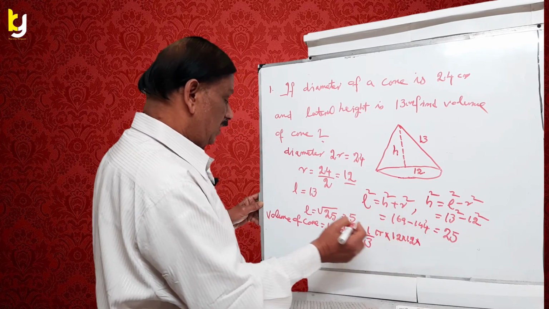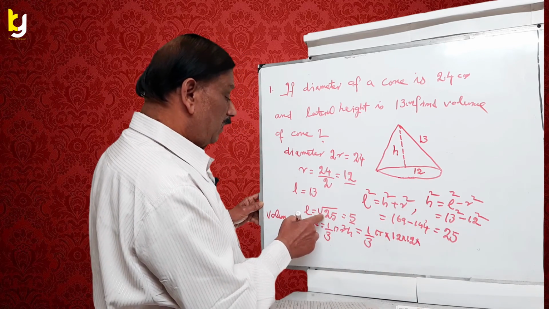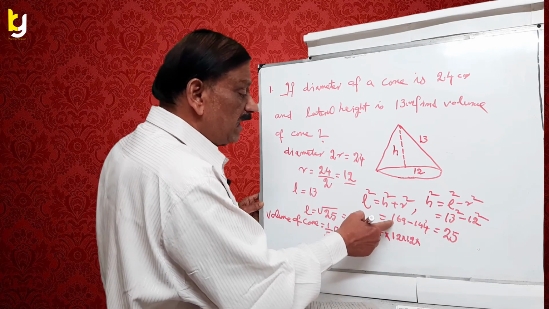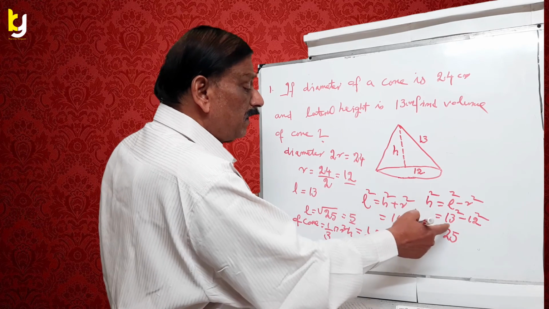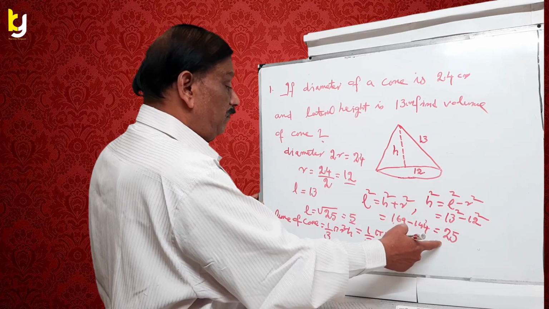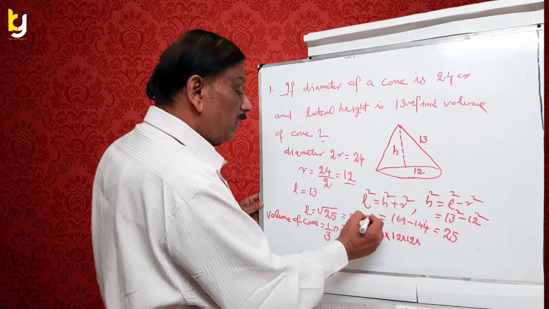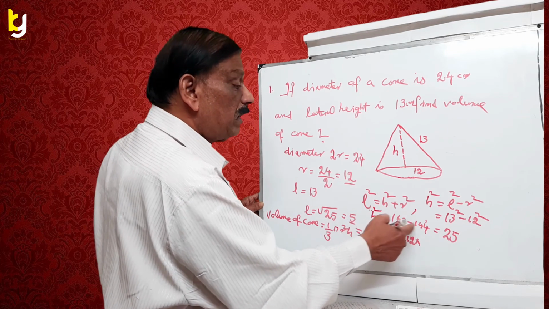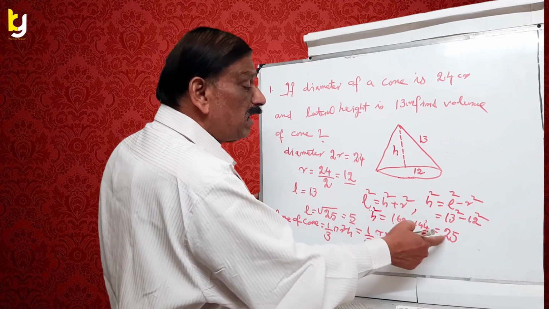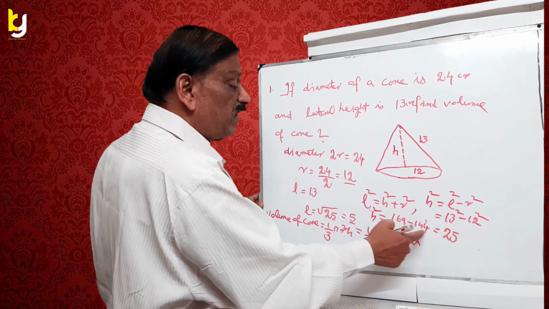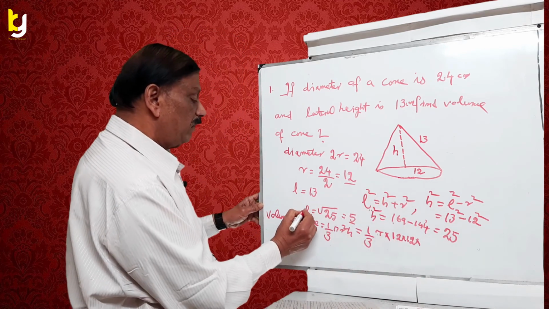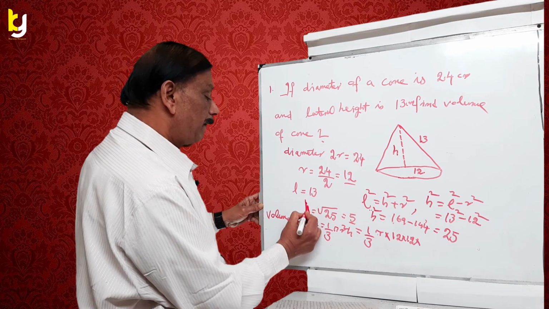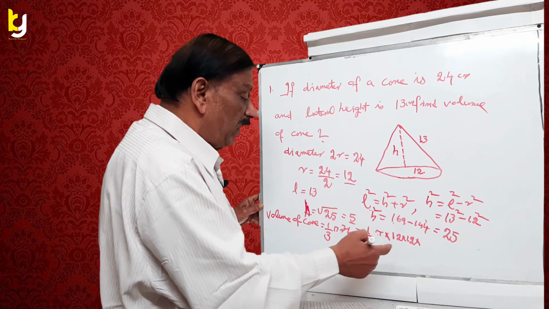Height is, h square is L square minus r square, that is 169 minus 144, that is 25. Therefore, h is root 25, that is equal to 5.